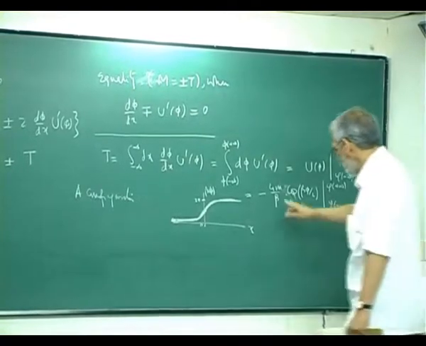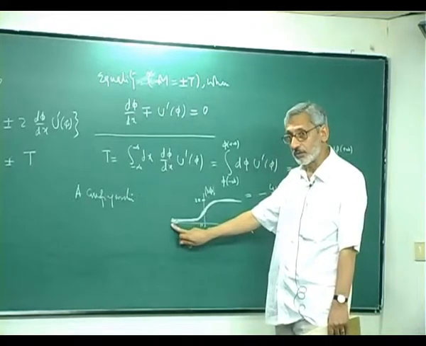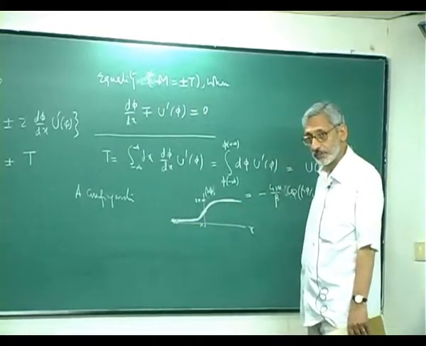A phi which has this property, that beta phi at minus infinity is 0 and at plus infinity is 2 pi, is a particular configuration.